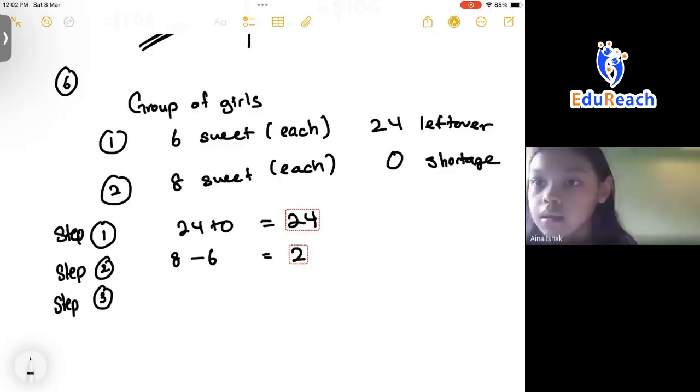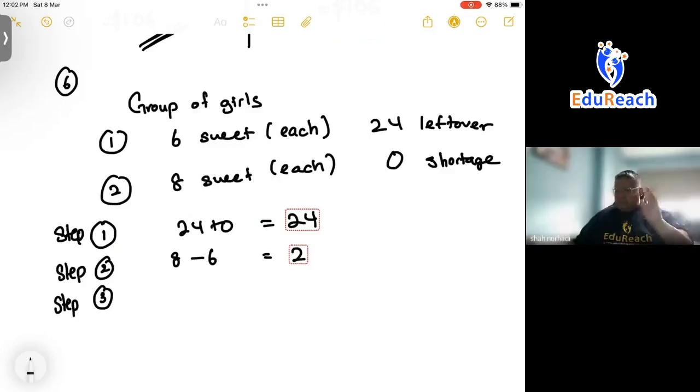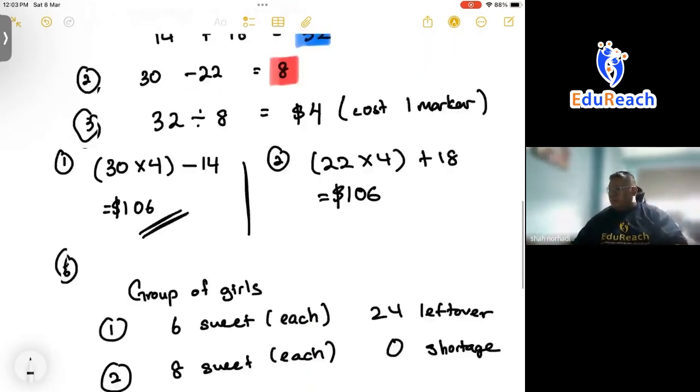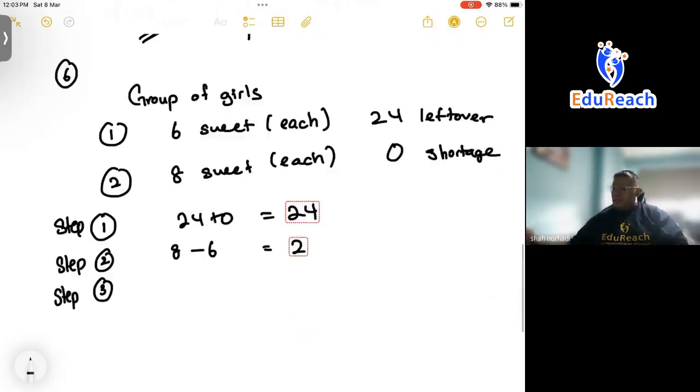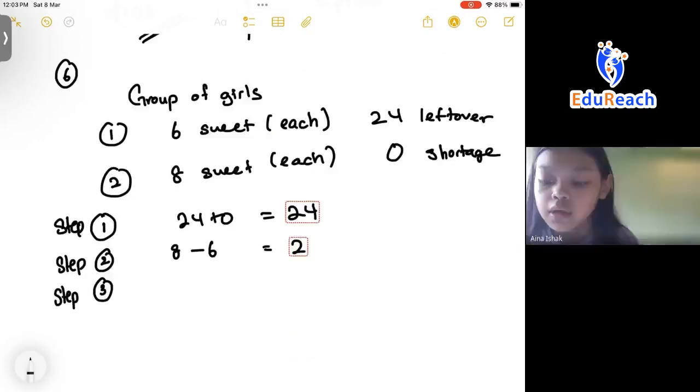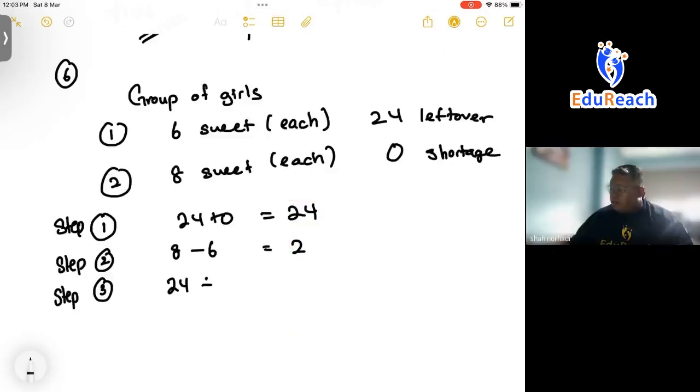Look at the previous question. What do I do in my third step? Divide. What divide by what? 24 divided by 2. Very good. So when I take 24 divided by 2, I get 12.